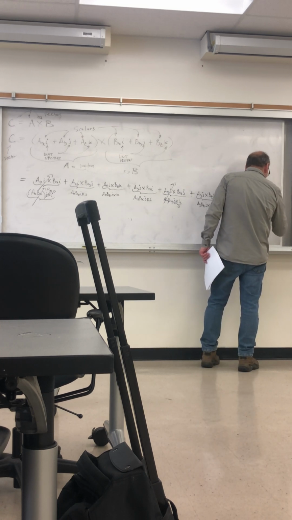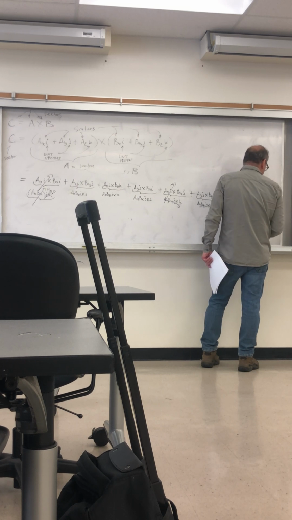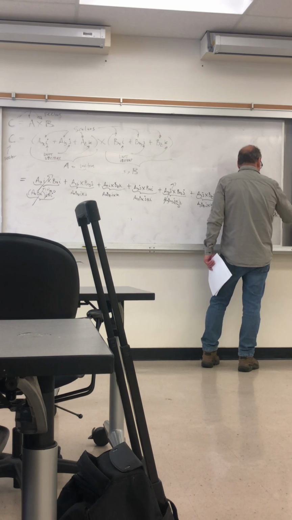This one is a z, b z, k cross k. So that goes to 0. This whole thing goes out.